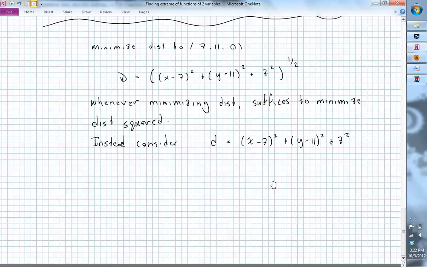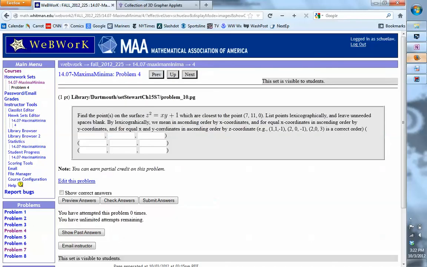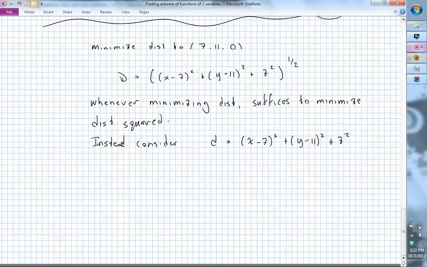Why is that not the answer to this problem? What's the problem with 7, 11, 0? It's not on the surface, right? So the surface, we haven't really figured out how to get the surface in there yet. Let's do that. So we know that we want to minimize this distance function.